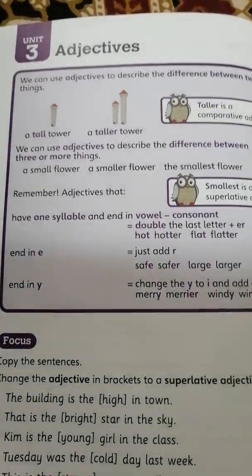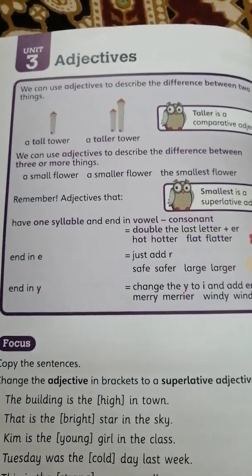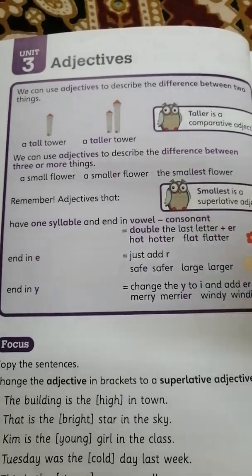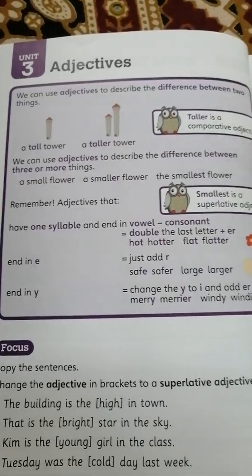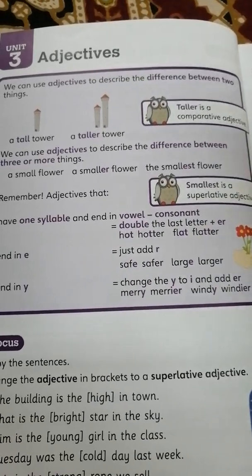The third rule is when the simple adjective words end in y, we change the y into I and add IER and IEST at the end.